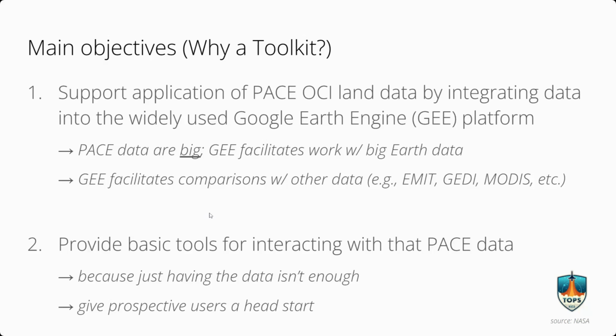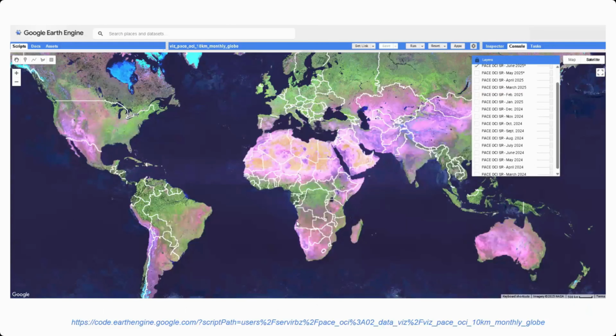And also, we wanted not just to give people access to the data, because we realized that having the data itself isn't enough, but give users a head start, with tools that allow you to interact with that data. So without further ado, let me start to show you some of what that has.